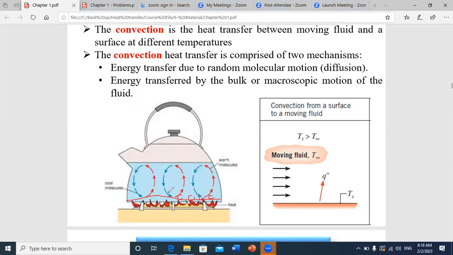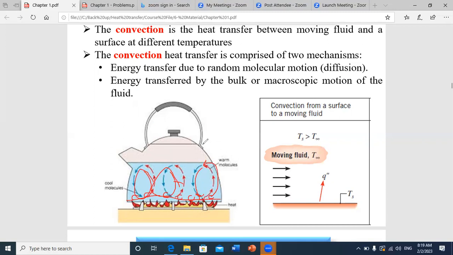And because we know in general that a higher temperature leads to lower density, the hot molecules will tend to move up, and then cold molecules at the top level will replace them. And this will create a motion of the fluid particles within the system. And this random motion will enhance heat transfer. So this is the first type.